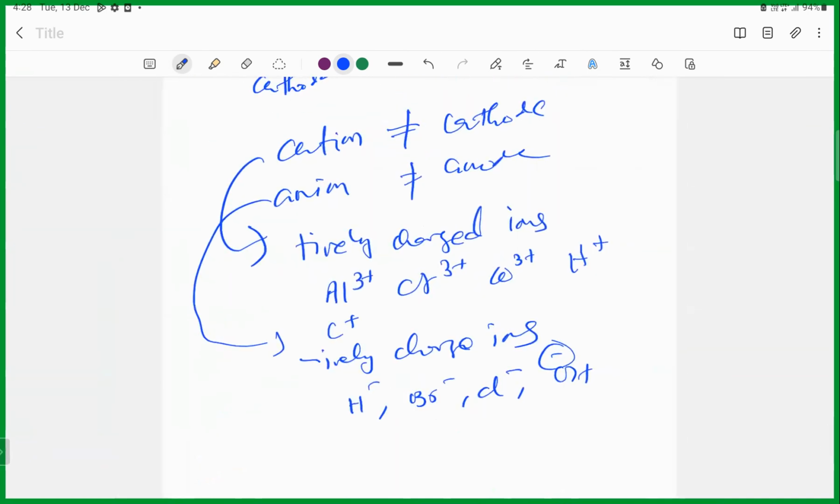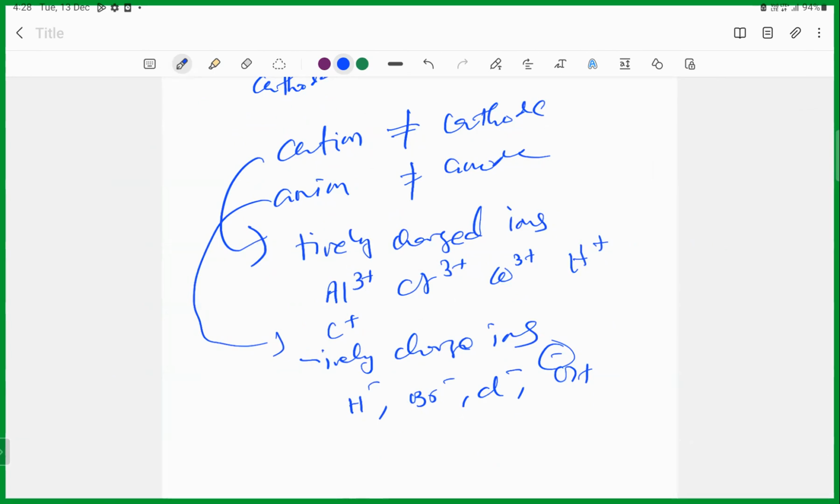You are applying a potential or it creates a potential. Based on that, the cathode, anode, positive and negative side will vary. Is it okay? So the cation is not equal to cathode, anion is not equal to anode. Some metals can behave as a cathode as well as an anode.